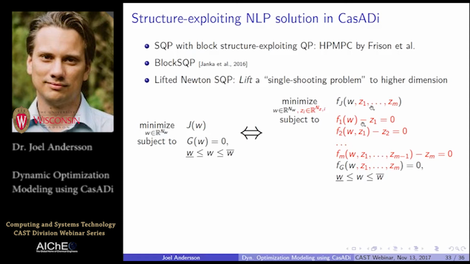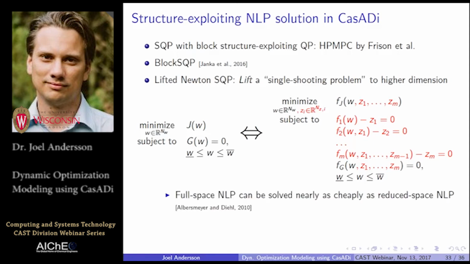And the problem you're actually solving in the SQP method is this full space problem where all the Z's here are decision variables. And what you can show is that this type of large dimension problem can actually be solved nearly as cheaply as the reduced space problem.